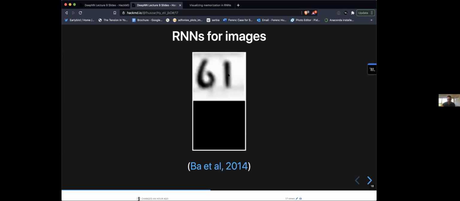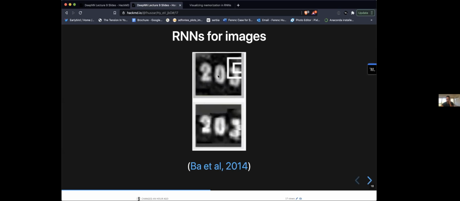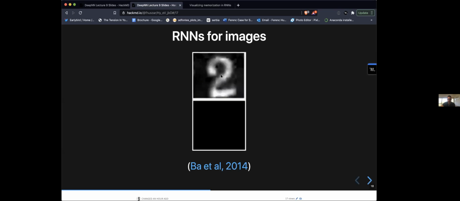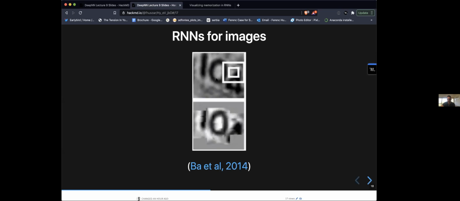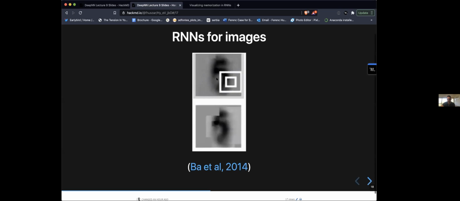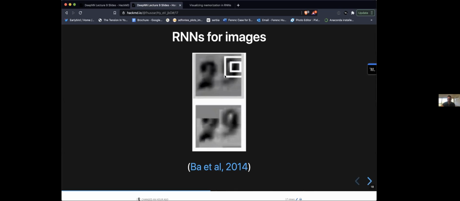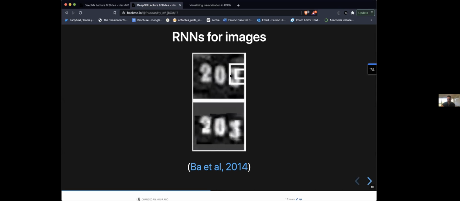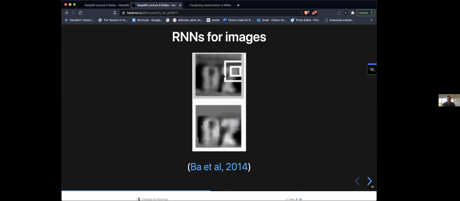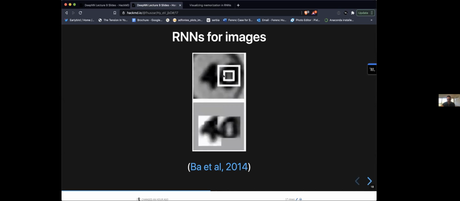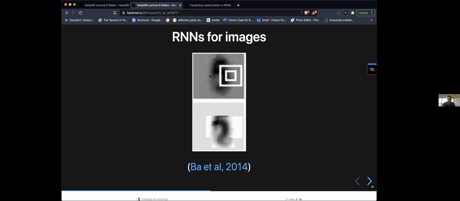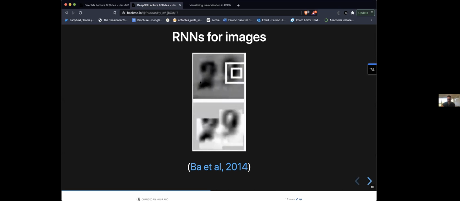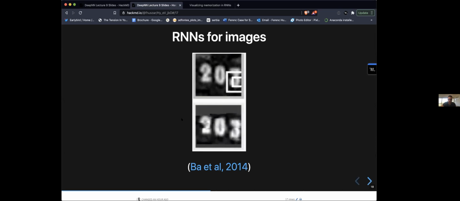So here you can see this little square jumping around on this animation is the place where the RNN chooses to focus. And this is controlled by the RNN hidden states themselves. And as it ingests more and more information that it actually sees, it updates where it wants to look at next. A little bit like how humans actively perceive visual scenes by moving our eyes around to search for information.